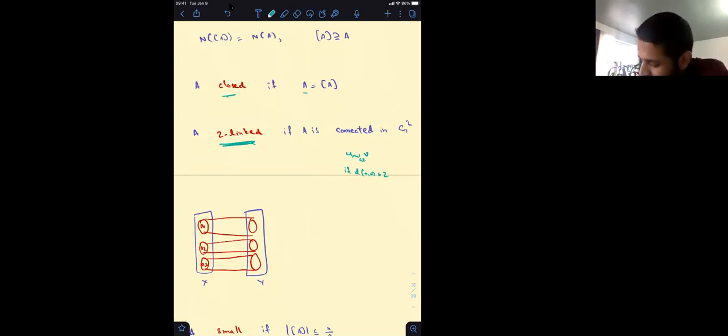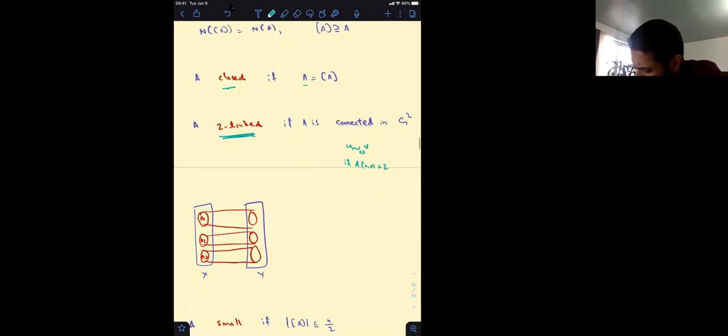We care about this definition because the analysis we'll do makes use of splitting up the subset into its 2-linked components. If you have two different 2-linked components, then the neighborhoods don't intersect. So this is why we split them according to 2-linked components.